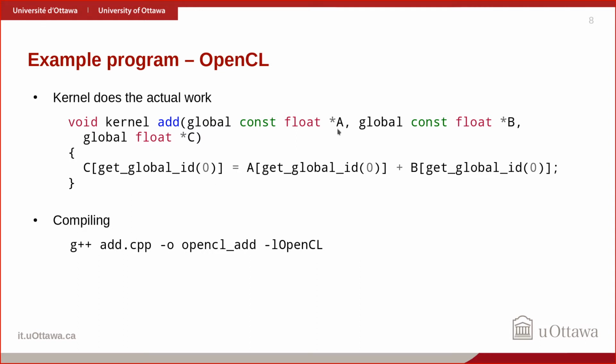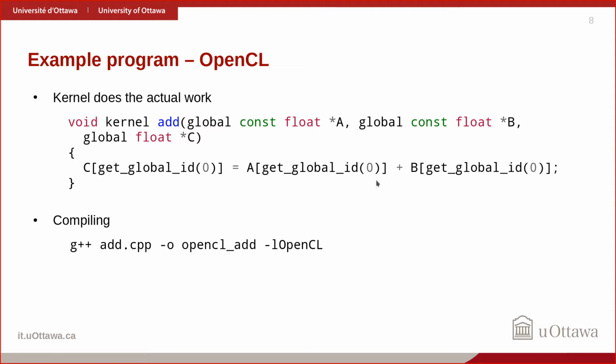So we have a vector A, and we have a vector B. And we want to add the content of vector A and vector B and get a vector C. So C will contain the sum of A and B. That's what happens in the next line. get_global_id(0) gets the index in the memory of the current thread. So C of this element is the sum of A plus B. And you'll notice that there's no for loop here.